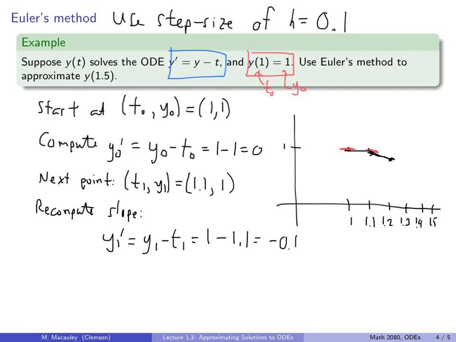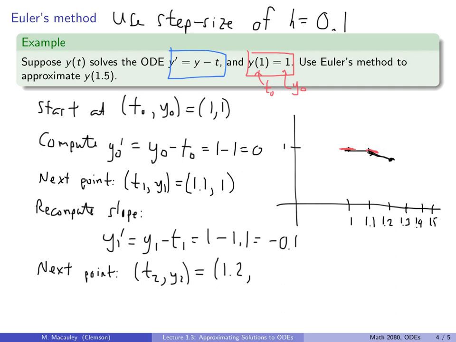So the next point, let's call this t2, y2. Now the t value is easy to compute. That's just 1.2. Every successive t value is the previous t value plus 0.1, but what's the y value here?